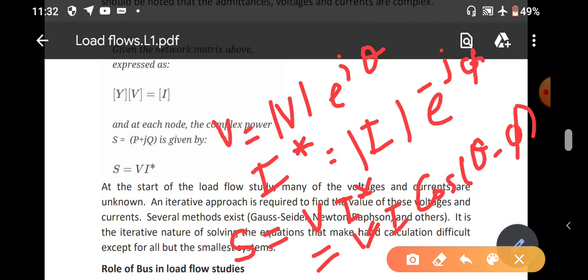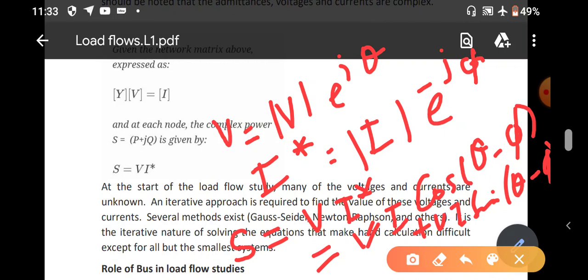So complex power is V I cos (theta minus phi) plus j V I sin (theta minus phi). So this will be the complex power.